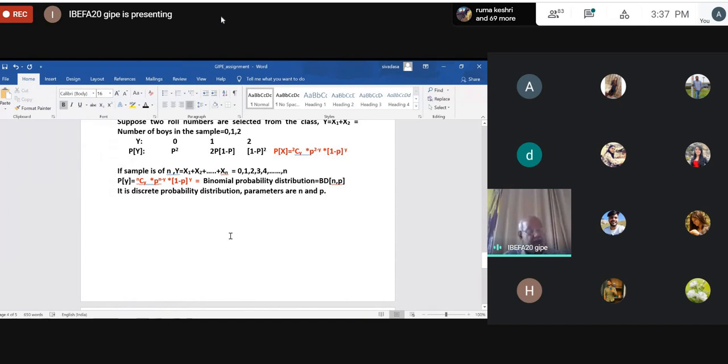Any probability you can define, because in the R package, unless you have a function form, you cannot evaluate probabilities.